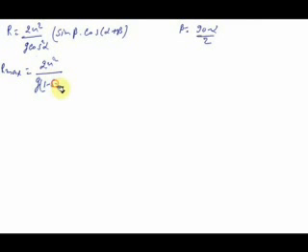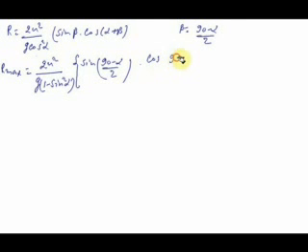Now we can write cos square alpha as 1 minus sin square alpha, and inside the bracket we'll put the value of beta, that is sin 90 minus alpha by 2, and here it will be cos 90 plus alpha by 2.